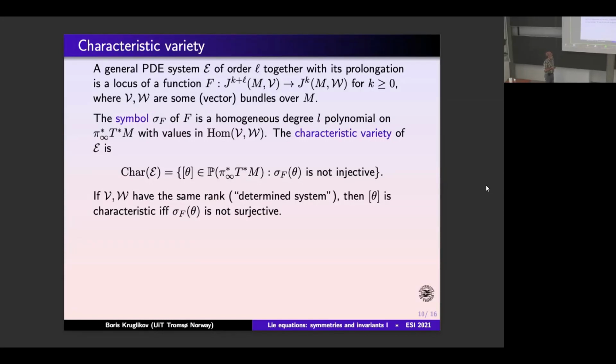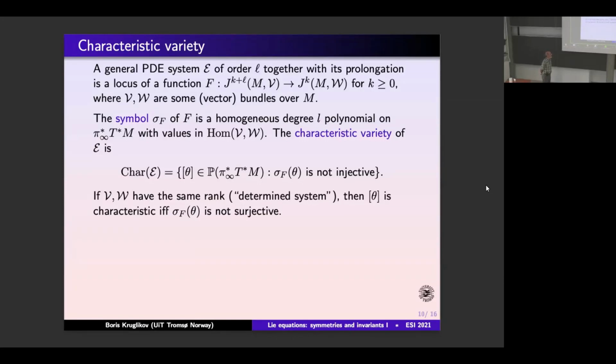So characteristic covectors are precisely those for which it breaks, for which the rank drops. Okay, so that's a degree l polynomial. You take one covector, it's a degree l polynomial with values in this matrix, and you write the equation that the rank is less than in general.